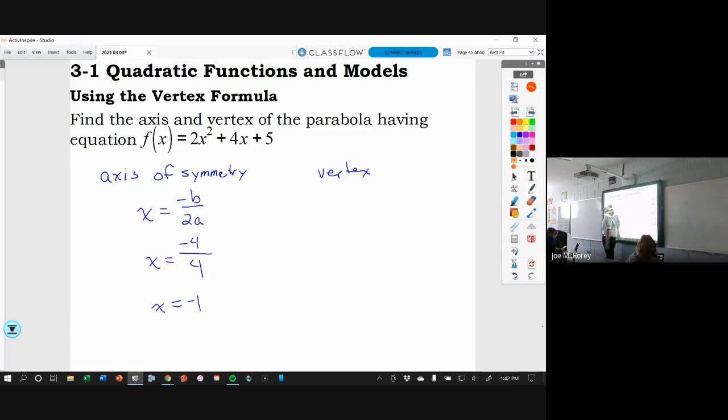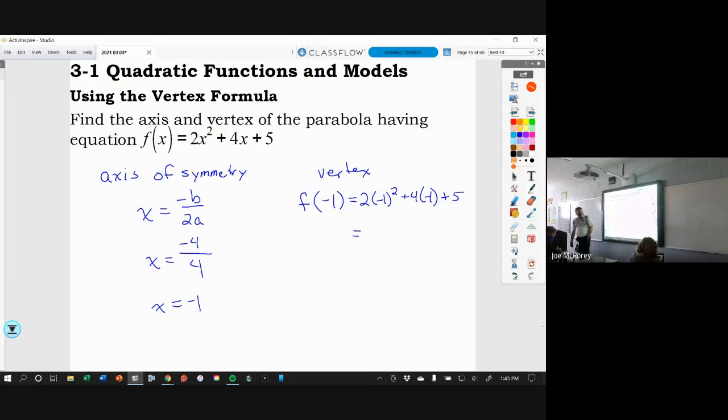The vertex. How do you find the vertex? It's f of your axis of symmetry, negative 1. Plug that in. 2 times negative 1 squared plus 4 times negative 1 plus 5.